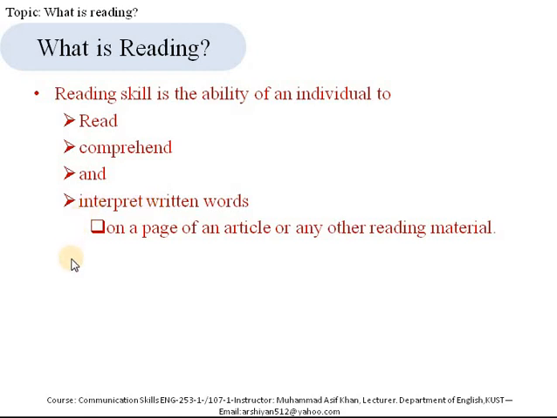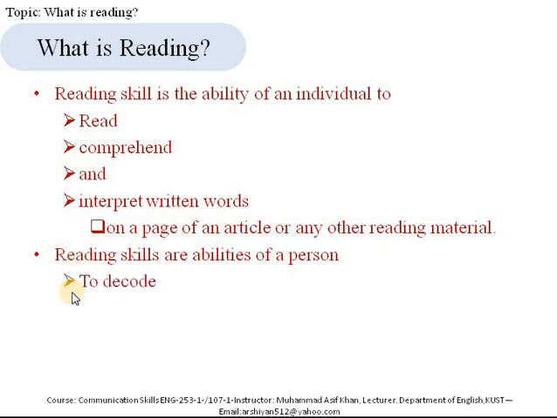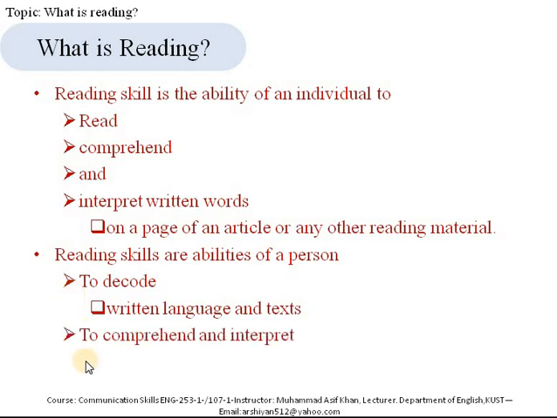Another way of defining the same thing is that reading skills are the abilities of a person to decode written language and text. The second part of this process is to comprehend and interpret its meanings. The first thing is decoding written language, and the second part is to comprehend and interpret its meanings.